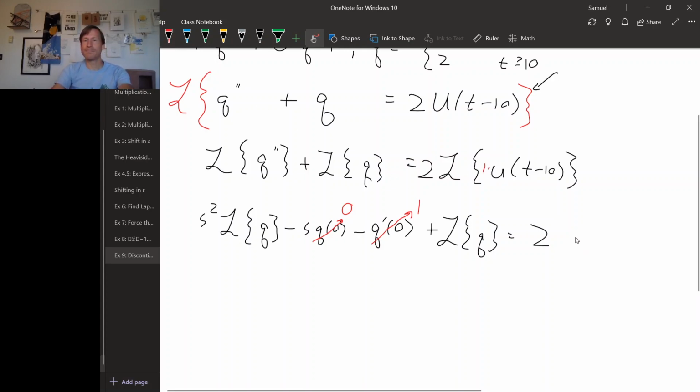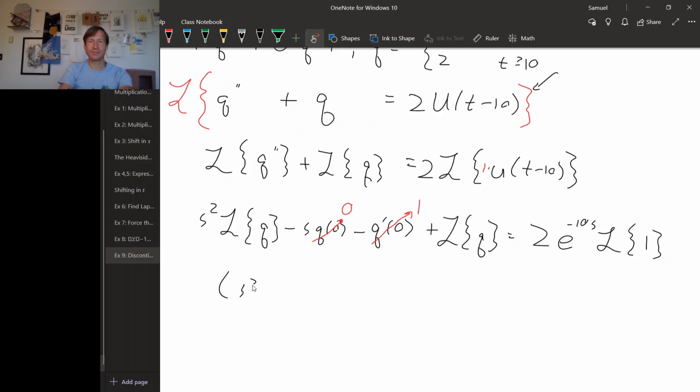So a shift multiplied by a step turns into an exponential in the s world. So this is e to the minus 10s times the Laplace transform of 1. Now on the left-hand side, we can gather up the terms that have the Laplace transform: s squared plus 1 times the Laplace transform of q.